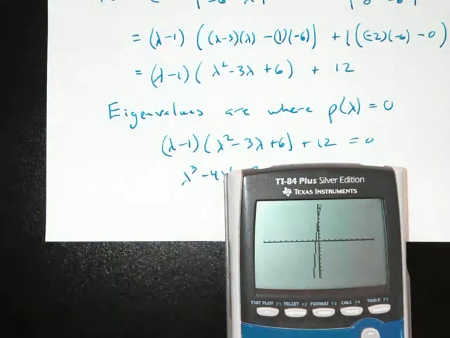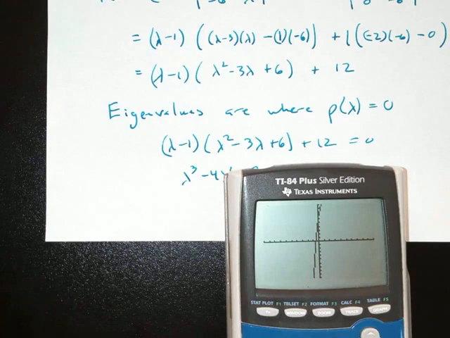This crosses the x-axis once. I have one real root. This is a polynomial of degree 3. Where are the other 2? They're imaginary. They're complex numbers. If I only have one place where I cross the x-axis, the other 2 need to be complex numbers.